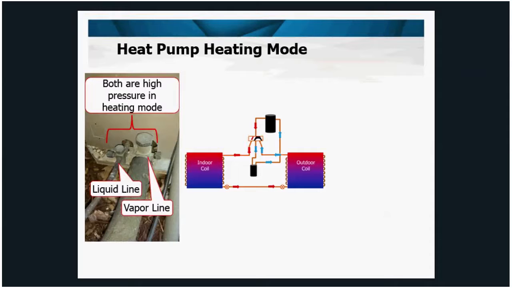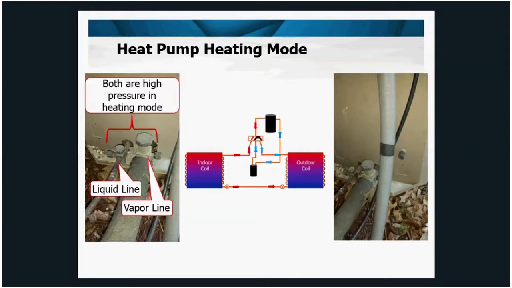Most heat pumps have a third port, and this third port, which is right here, is connected between the accumulator and the compressor. So it's between this point and this point, and it's always low pressure.